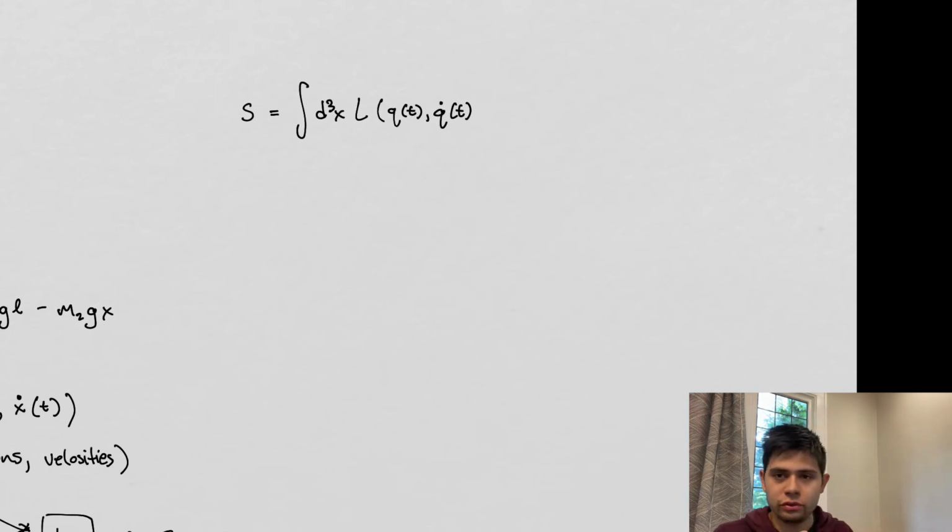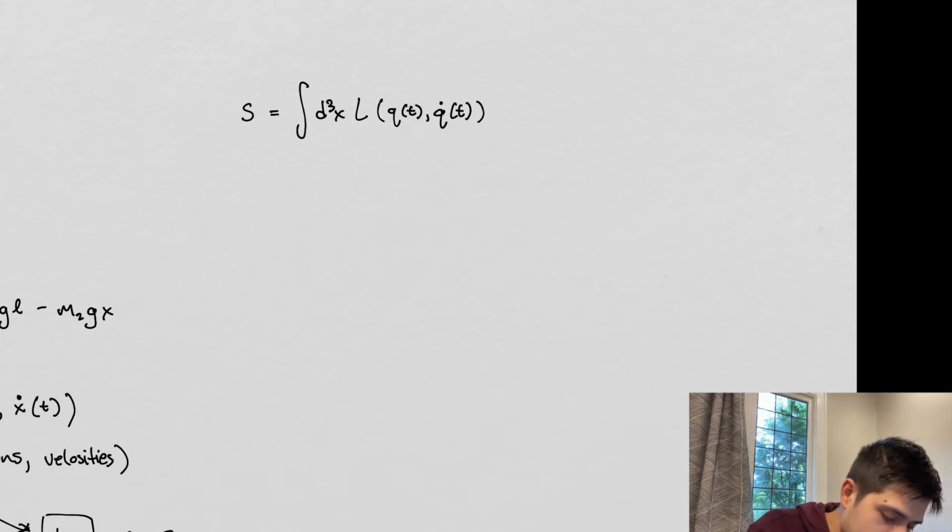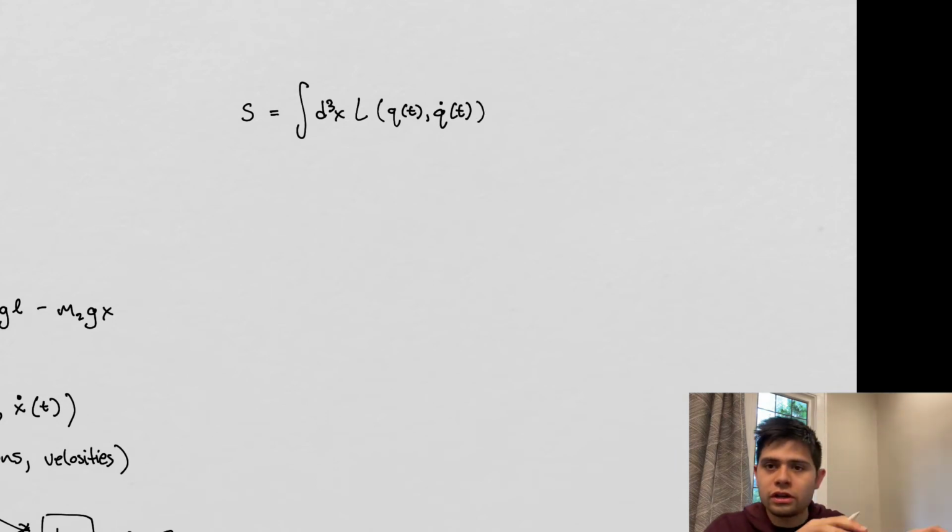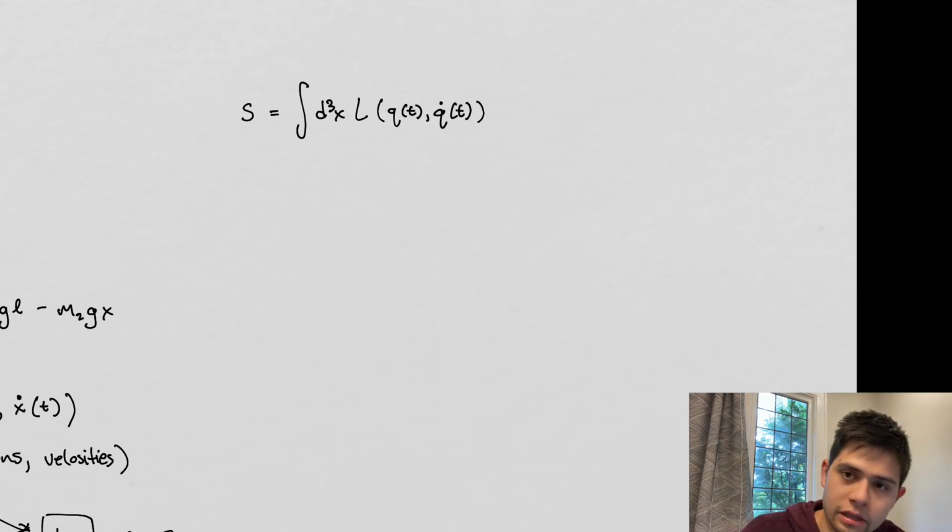Q and Q dot are merely labels, but we have one as a position, Q, and the other is the velocity, the change in the positions. These two are the arguments for the Lagrangian. Like we've been saying before, this is really just a change in notation, because you're going to see Q's quite a bit in the books.